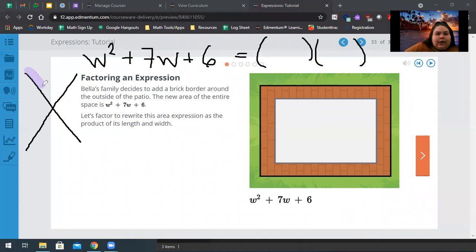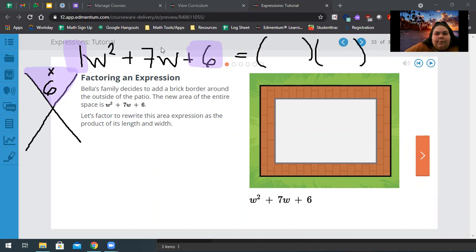This right here at the top is used when you multiply this value right here and the value in front of w squared. Remember, that is just a 1 there. So 1 times 6 is just 6. And I'm going to put the little multiplication symbol there.